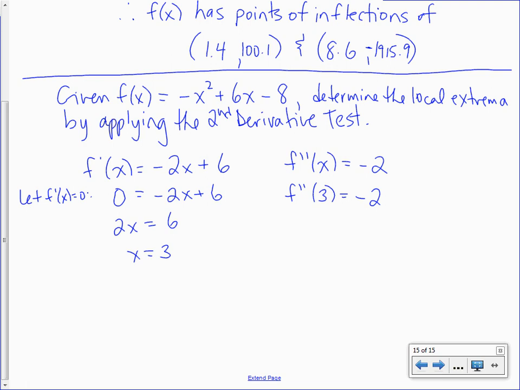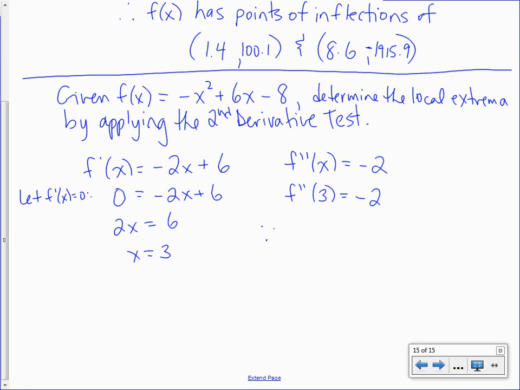The derivative is 0 here and the second derivative is negative here. Can I put that together to confirm a local min or max? This is telling me the graph is concave down. So if my graph's concave down and I have a slope of 0, then I have a local max.